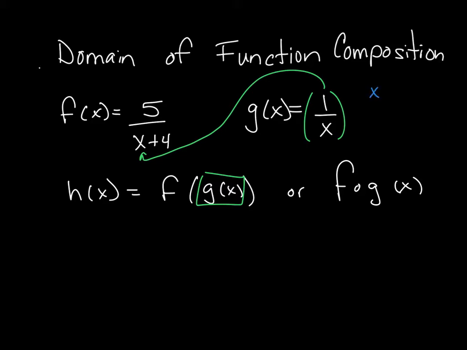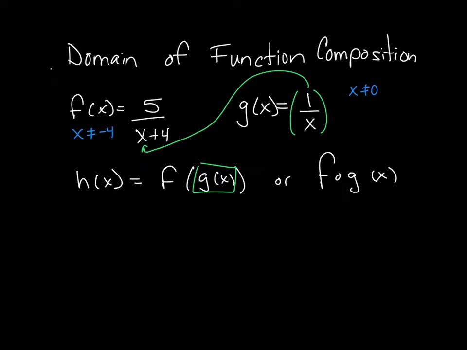For g of x, x cannot equal 0. And for f of x, x cannot equal -4. Now, notice what we're talking about here. G of x is going inside f of x, and this is saying x cannot equal -4.